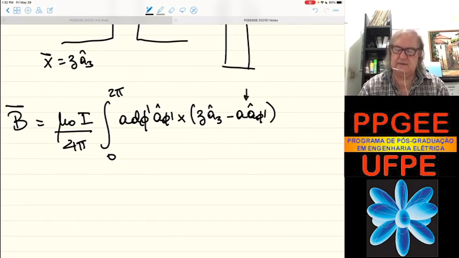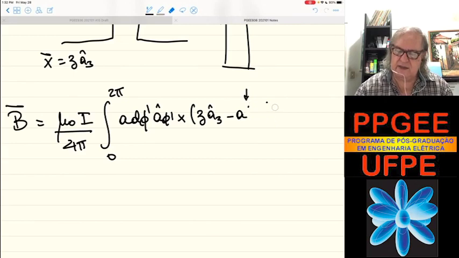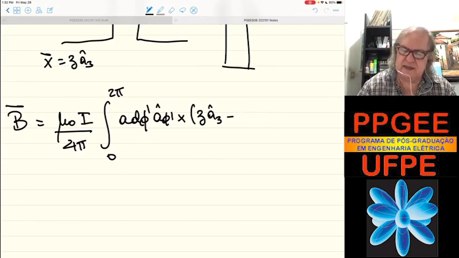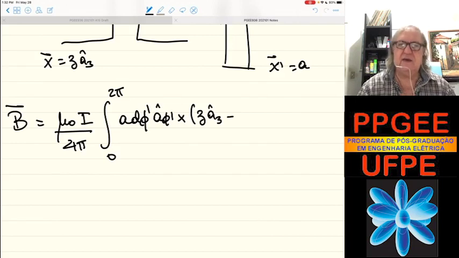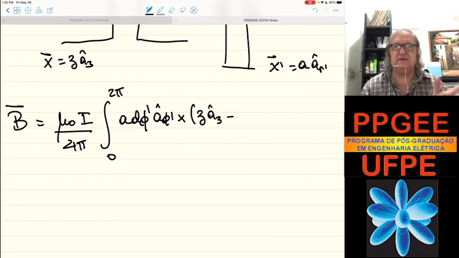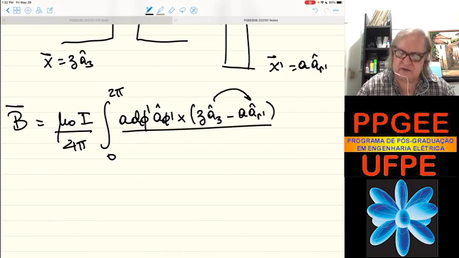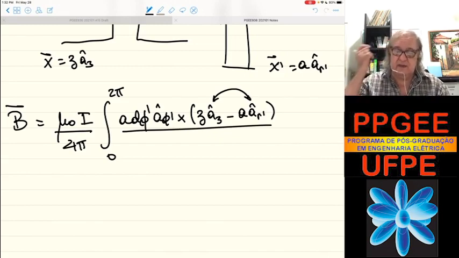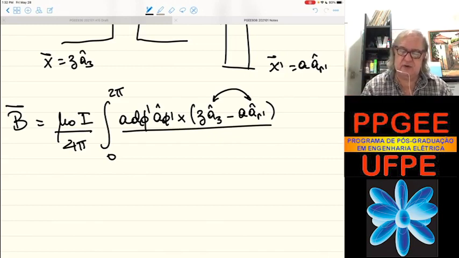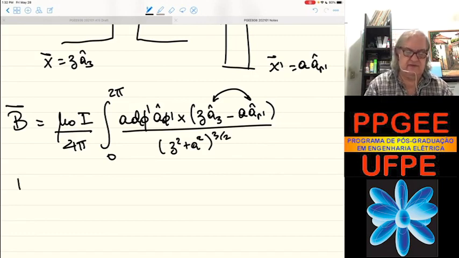This is the location, this is wrong. Sorry about that. The location x prime here equals a, which is the magnitude, times ar prime, which is a variable vector on the loop. So then those versors are orthogonal. So the magnitude cubed is going to be z squared plus a squared to the 3/2. Right? So we have the field.